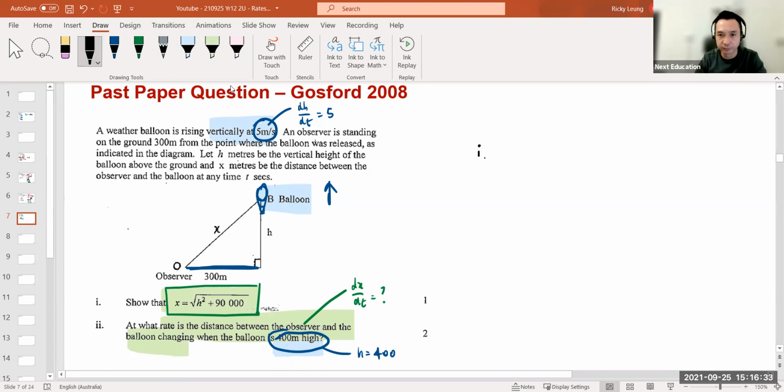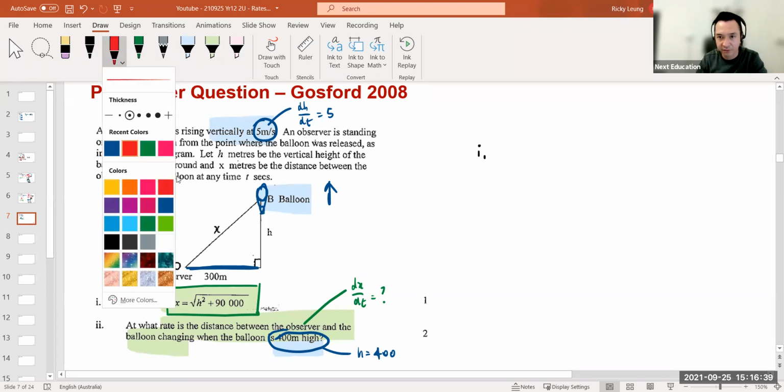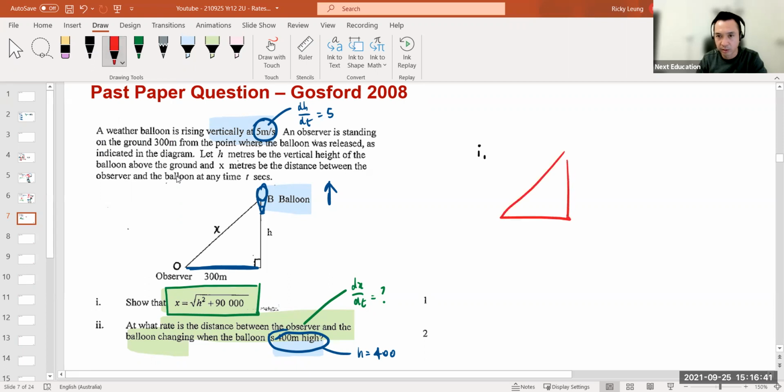So part one. Once again, I'll use red here. I have a right angle triangle, and I'm just going to simply apply Pythagoras' theorem to it. With 300 meters, x squared equals h squared plus 300 squared.